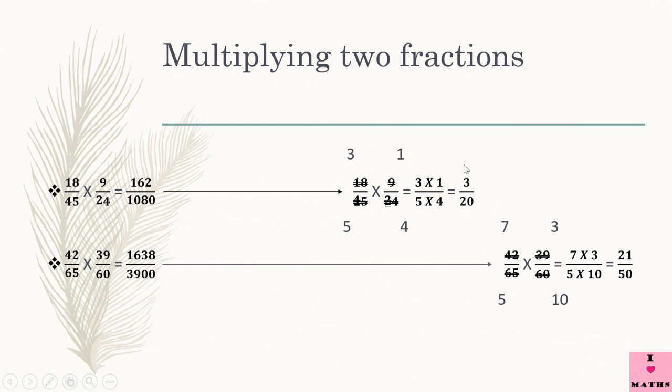So 3 upon 20 is the answer in the lowest form, and this is the product of these two fractions.